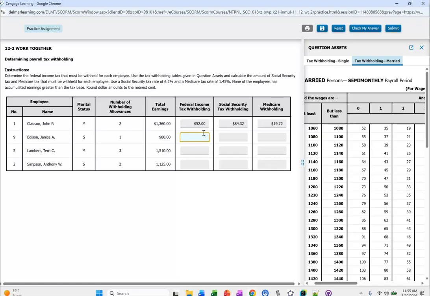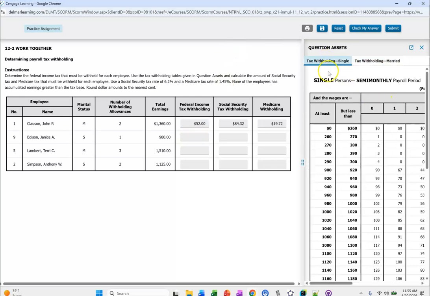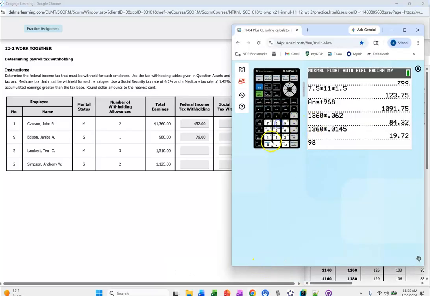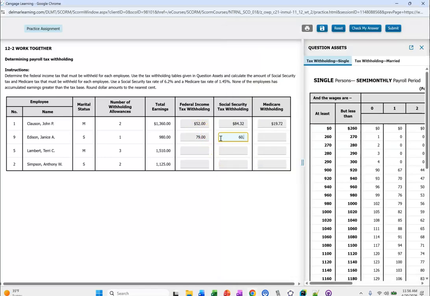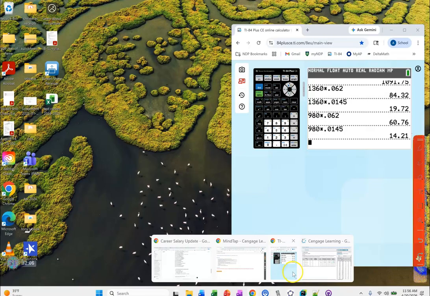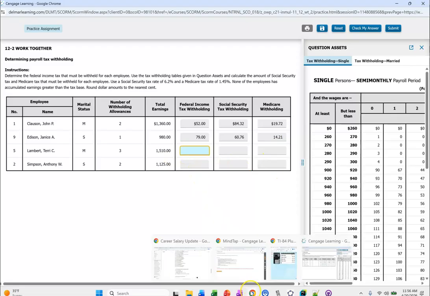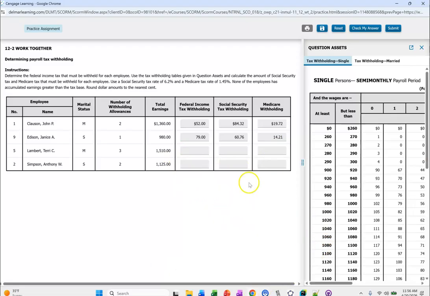Everybody okay with how we filled this in? Okay, and then you just rinse and repeat. So 60, 76, 14. Oh, no, not times.